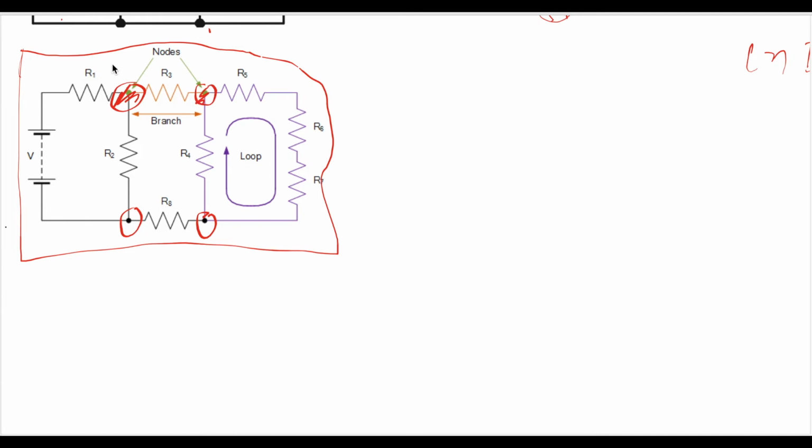You have here V1, V2, V3, and you can put one node as a ground, so I'll put this one over here, because it's easier because of this power supply, because of this voltage drop.